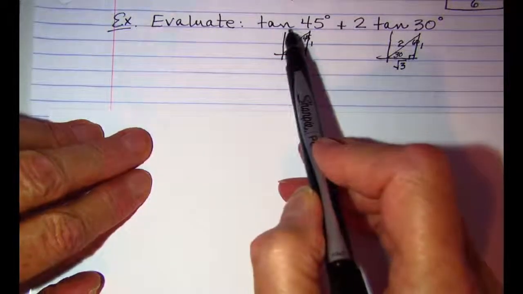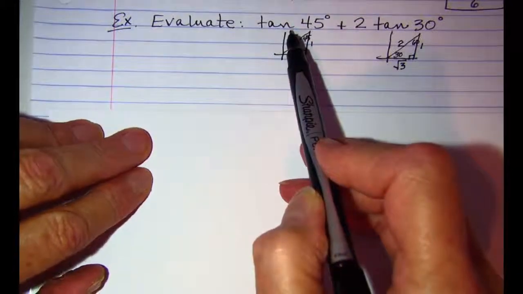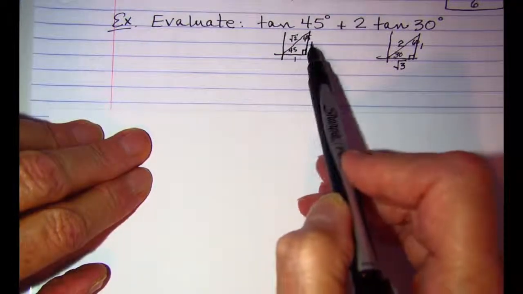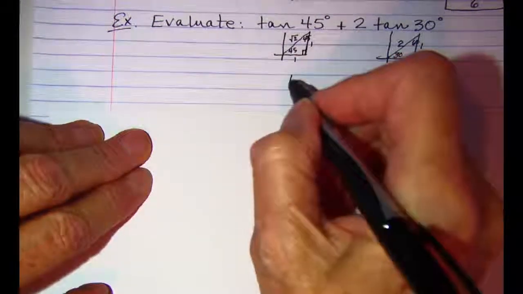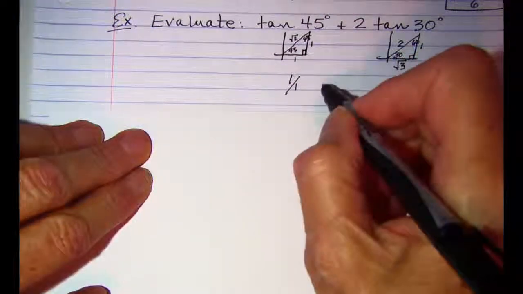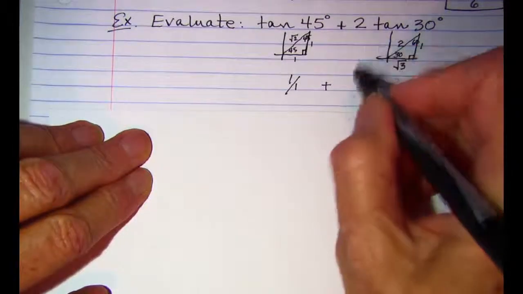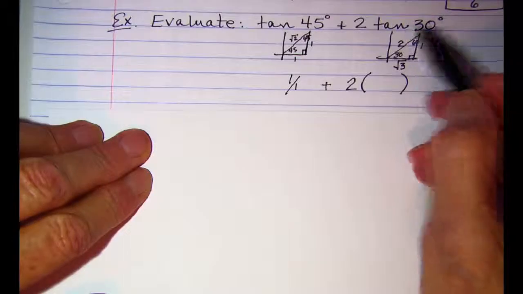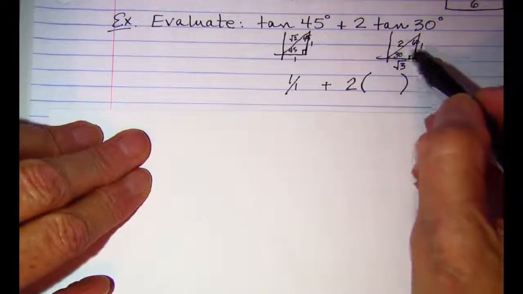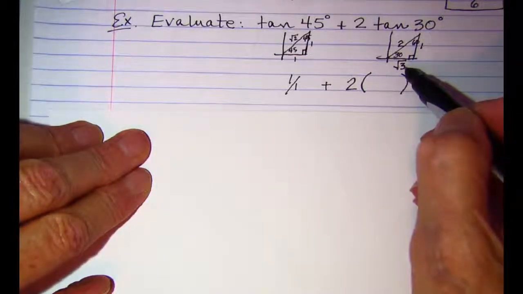All right, tangent is defined as opposite over adjacent. So opposite is 1. The adjacent side is 1. So I have 1 over 1 for tangent of 45. This one is 2 times, and then I need the tangent of 30. Tangent is defined as opposite over adjacent.